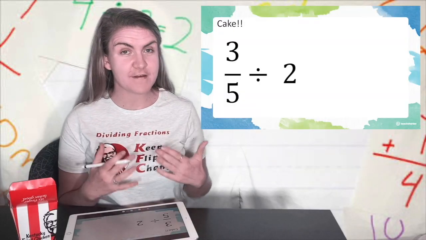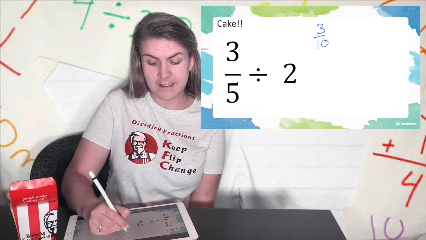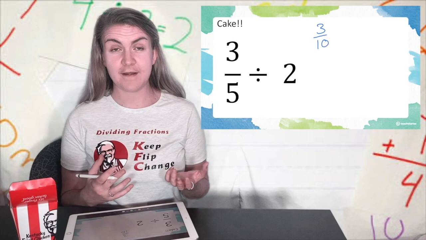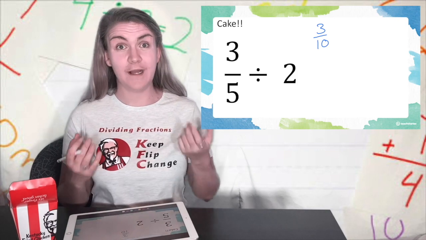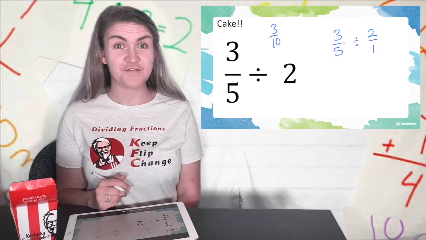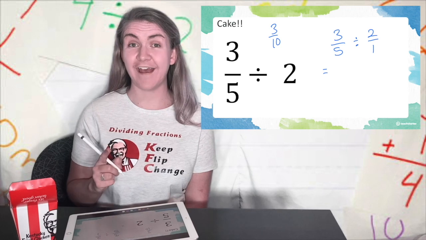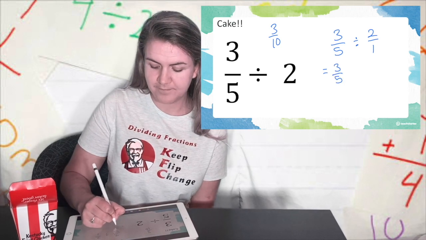So I'm doing 3/5 divided by 2. When I cut up the cake, I figured out the answer was 3/10. But how could I get that number mathematically? Well, I've learned when dividing fractions, I should be eating some KFC. So let's test it. I've taken my whole number and I've put it over 1. K, keep the first fraction the same.